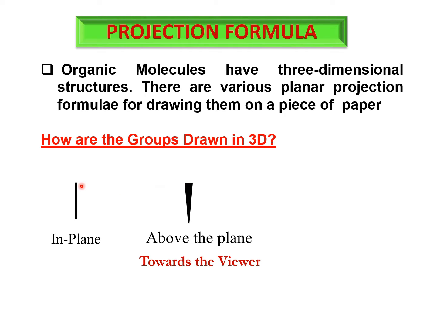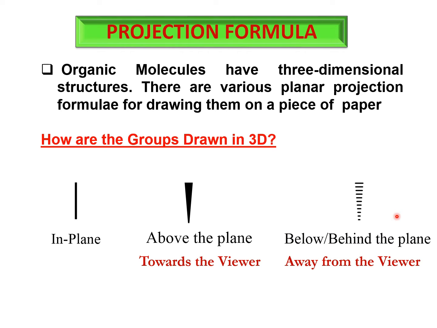This group or this atom drawn with this solid line means it is in plane of this screen, and if you see a solid wedge, it means the group that is right here is coming out of the screen towards you, and we say that it is above the plane of this screen, or above the plane also means that it is towards the viewer, it is closer to the viewer.